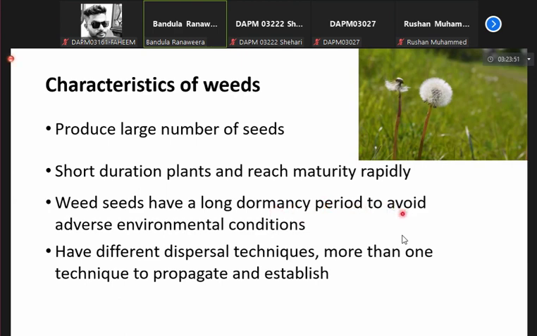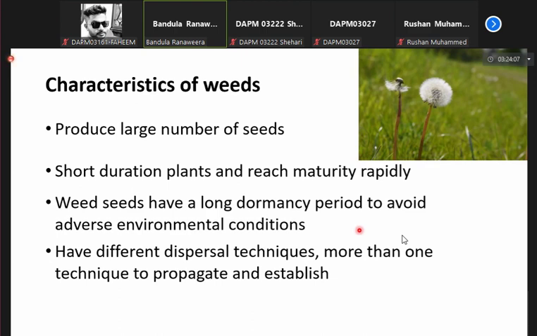If the seed starts life again quickly, the seedlings can face serious problems of adverse environmental conditions.